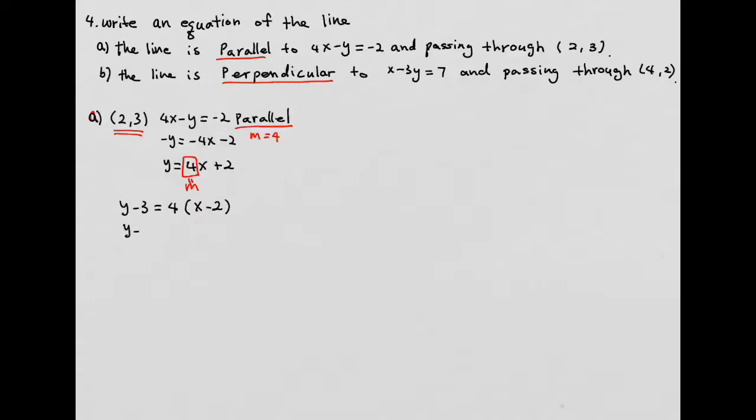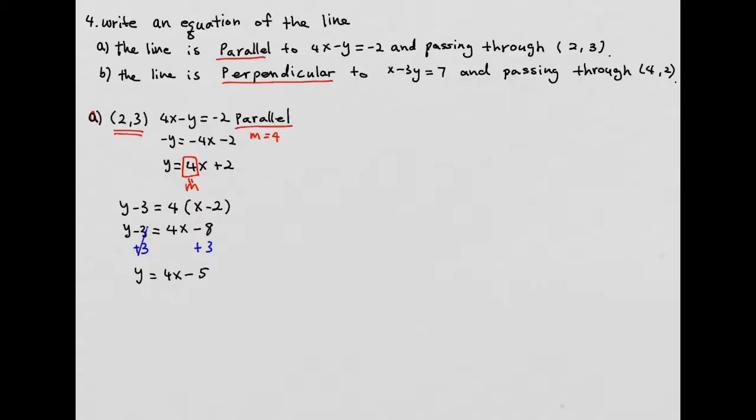Let's get rid of parentheses first. 4 times negative 2 is negative 8. And we're going to add 3 to isolate y. Then you get y equals 4x minus 5.